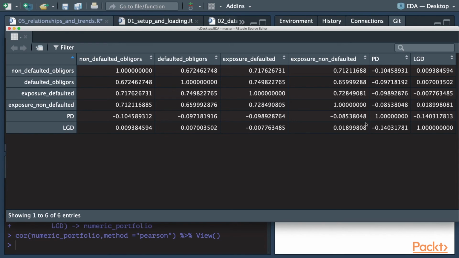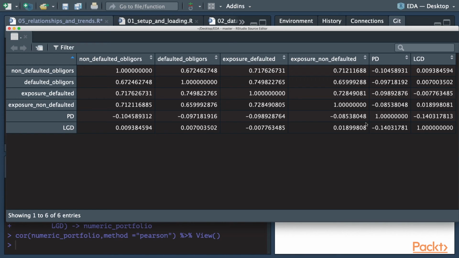Let's now look at something more interesting. For instance, we can observe a quite high correlation among the number of non-defaulted obligors and the amount of non-defaulted exposures. This is coherent with our expectations since, having all other conditions unchanged, having a higher number of non-defaulted obligors should translate into having a higher amount of non-defaulted exposure.